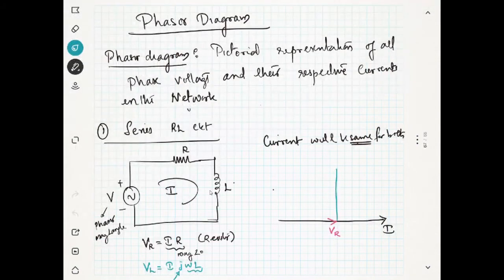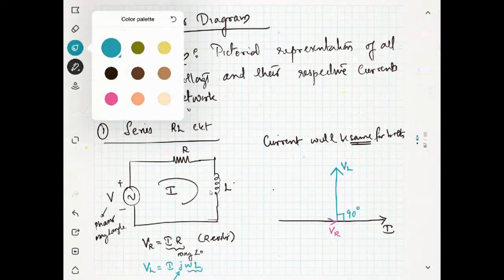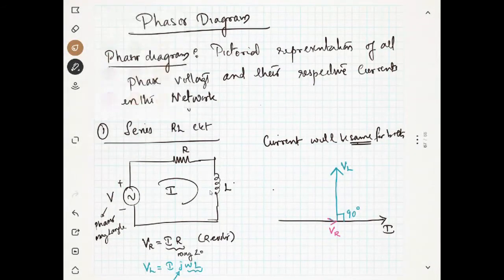So I will represent it like this because this is 90 degrees with respect to our VR. VR is 0 degrees now because it is in the same direction as the current. So this will be 90 degrees and this will be the voltage VL, 90 degrees because of the J. Now you know how to find the resultant vector.